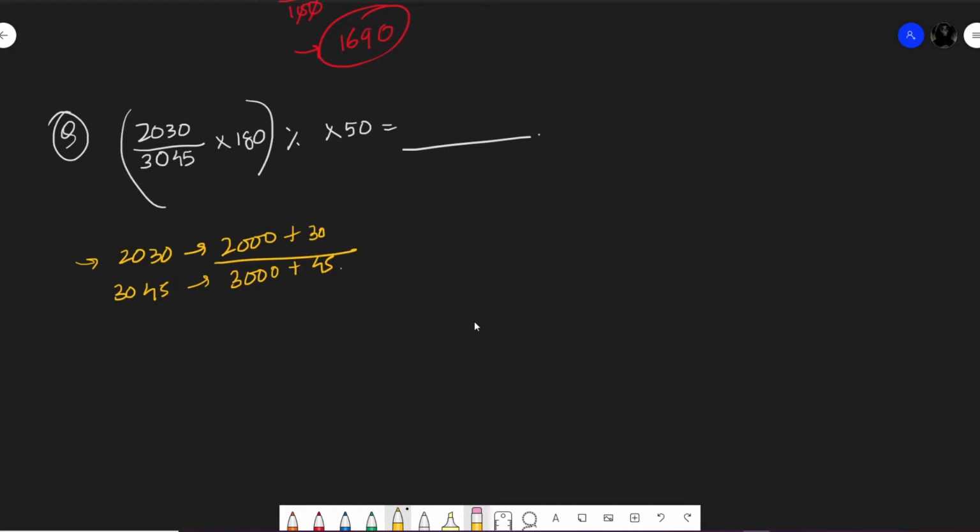Now we always remember that if 3 by 2 is added with, let's say, 6 by 4, what is the answer? The LCM will be 4, and it will be 6 plus 6, equals to 12 by 4, which is 3 by 2.